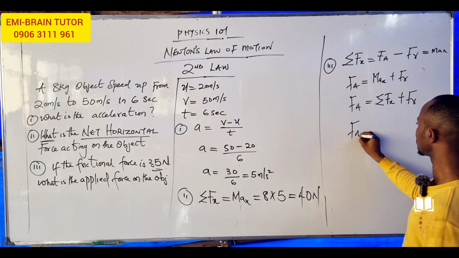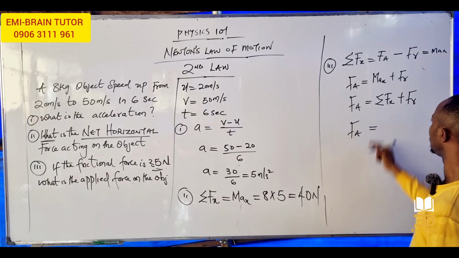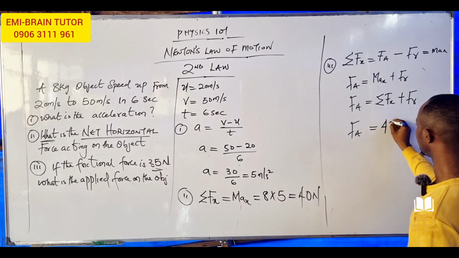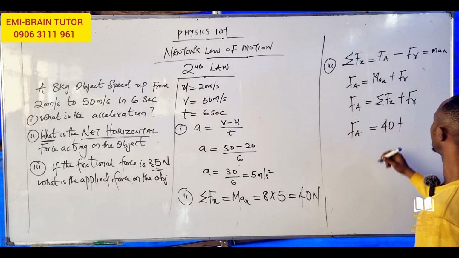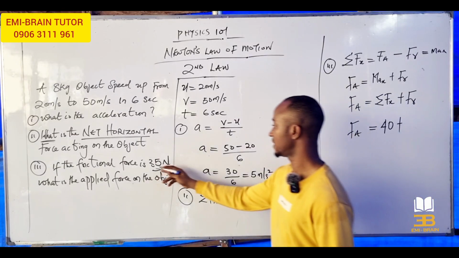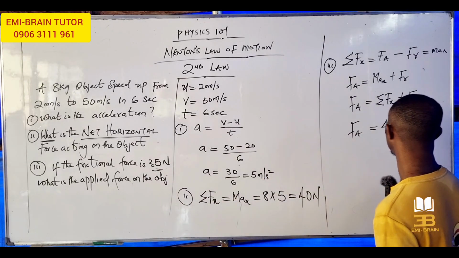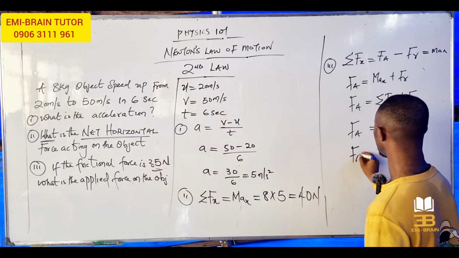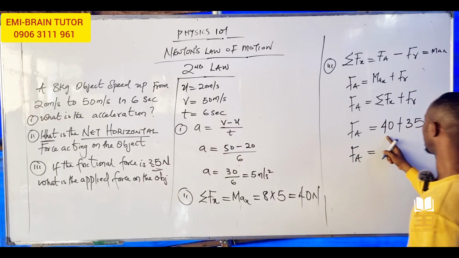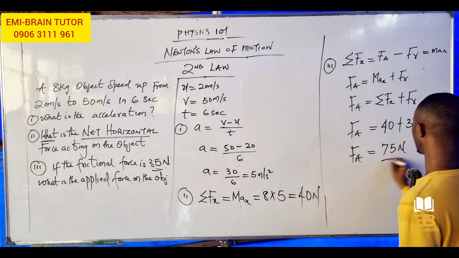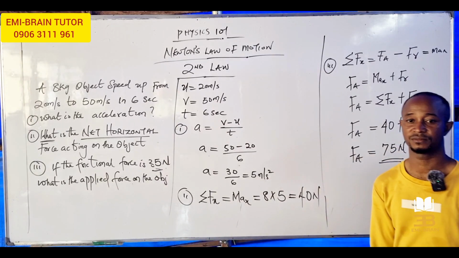We got 40, plus the frictional force we are given, 35. Adding up, 40 plus 35 gives us 75 Newton.